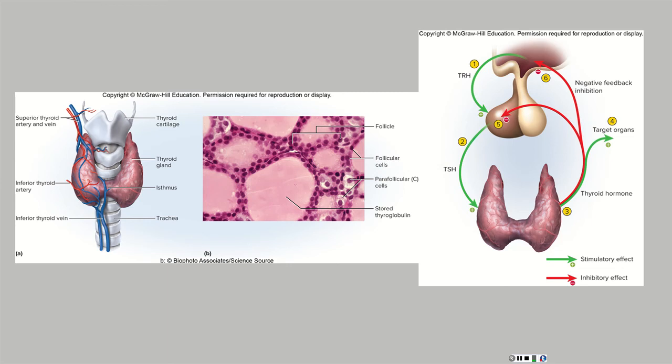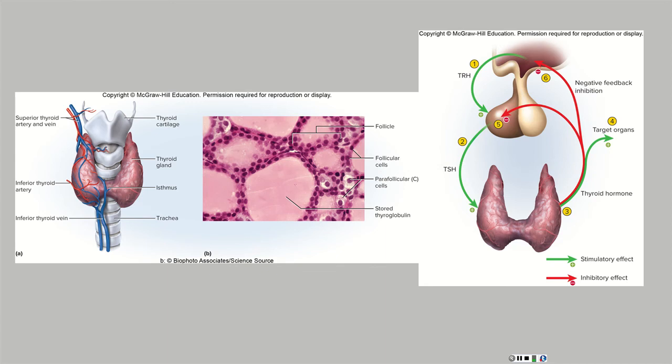More of the cells in our body respond to T3 compared to T4. But since we make more T4, more T4 is in circulation. If it gets to a cell that doesn't really respond to T4, then that target cell simply cuts one of the iodines off.